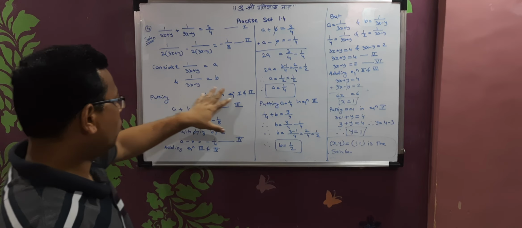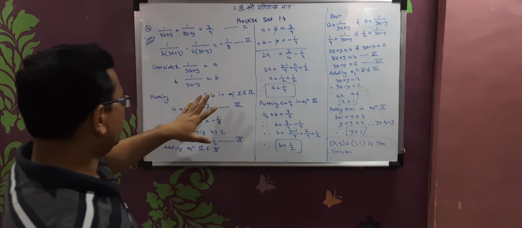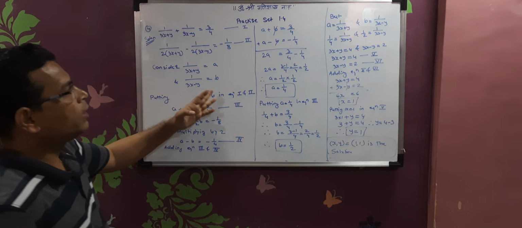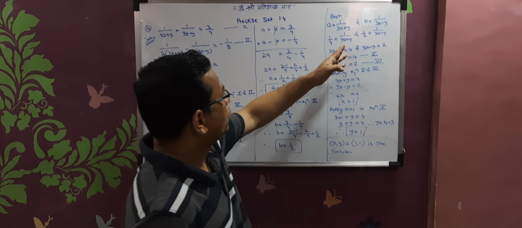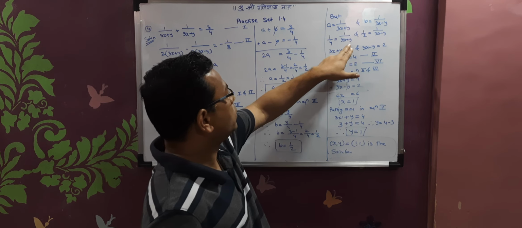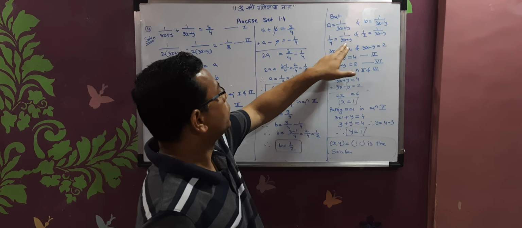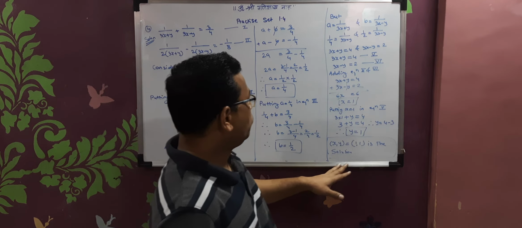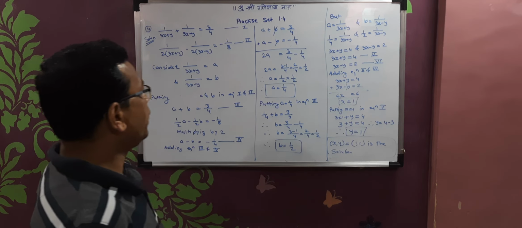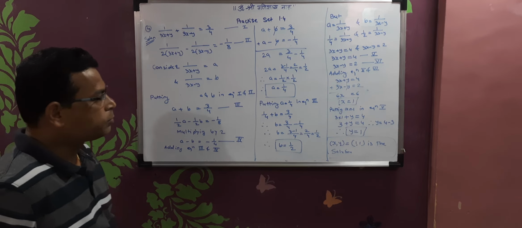Then we calculate the value of a and b. Then putting the value of a and b in terms of x and y. Then again here we have to make simplification. Since it is not a simple equation, we have to again calculate the value of x and y. So by doing all these things, we calculate the value of x and y. Hope you understood this problem.